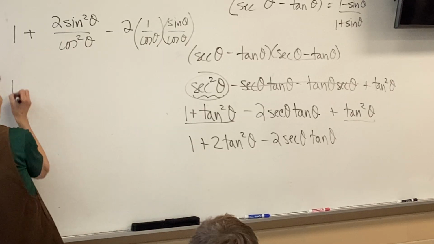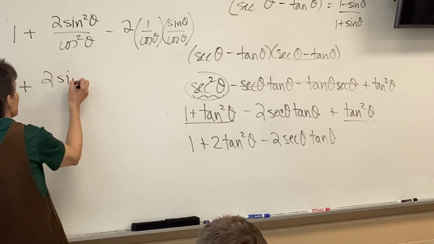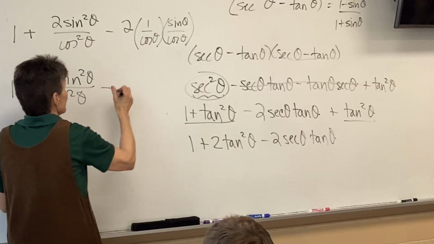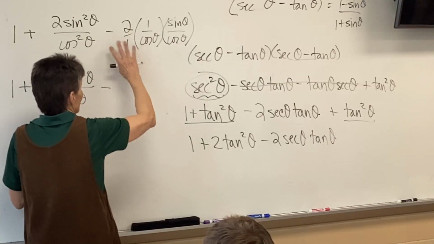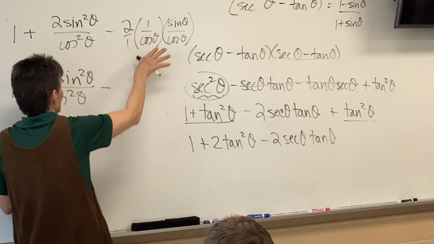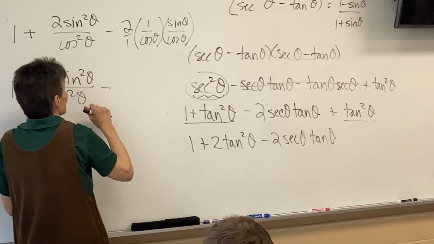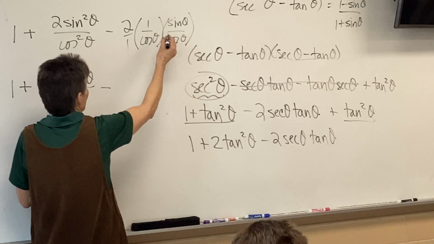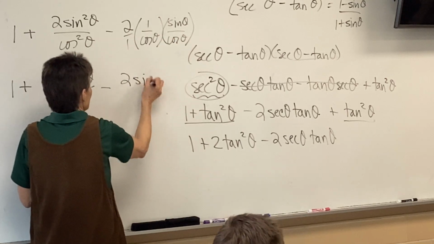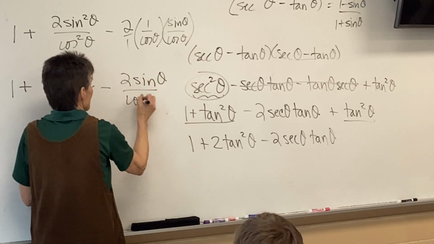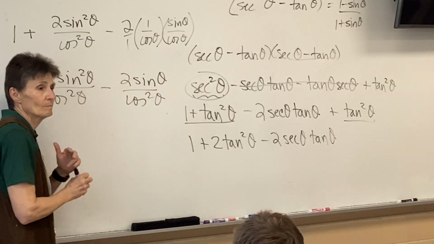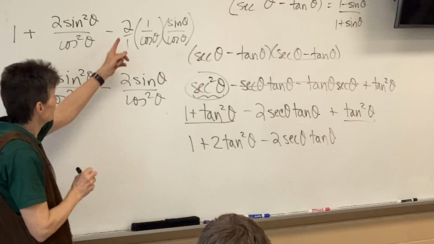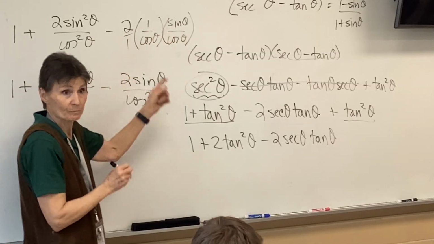So what have I got? I got 1 plus 2 sine squared over cosine squared. Minus, right now, multiply all this together. What is that gonna be when you multiply it together? Sine theta, or 1 plus sine theta. On top, it's gonna be minus 2 sine, and on the bottom, it's gonna be cosine squared. Right? 2 times 1 times sine.